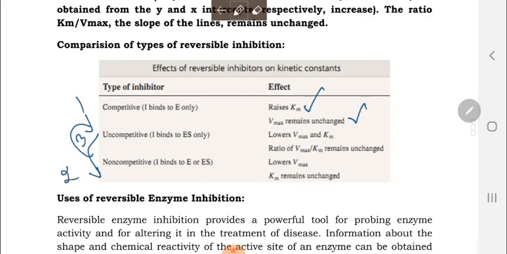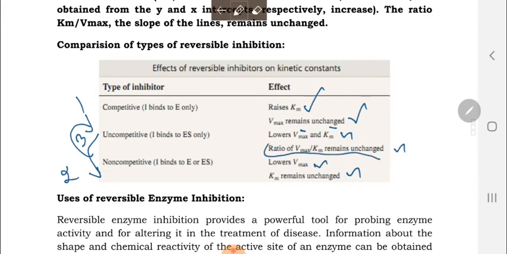Number 2, non-competitive: Vmax is lowered, and Km remains unchanged. Uncompetitive: both Vmax and Km are lowered, and the ratio of Vmax divided by Km remains unchanged. That means there is a change in both Vmax and Km. That is very important. If you forget this ratio point, no problem.